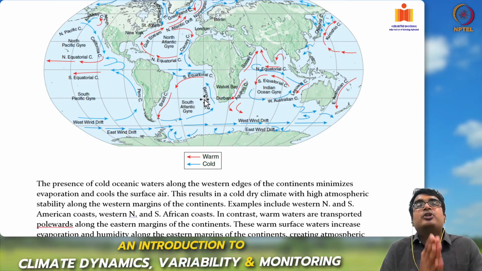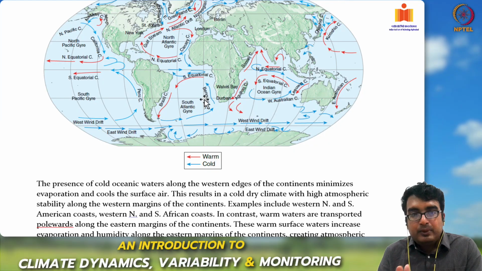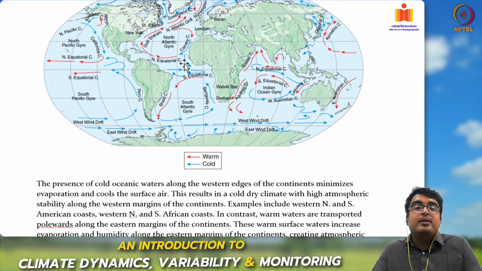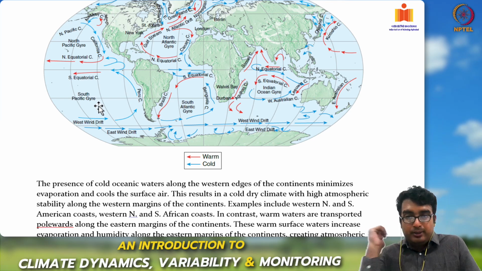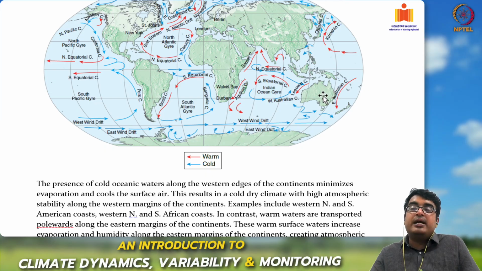The western coasts are cold and dry. As a result, you will see desert-like conditions or arid conditions prevailing in the western coasts of the continents compared to the eastern coasts of the continent. So for example, East Australia is extremely warm with lots of forest. Western Australia is arid.